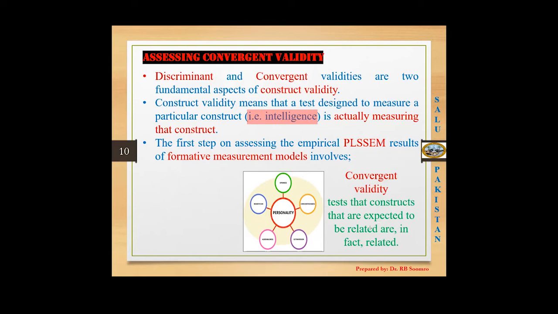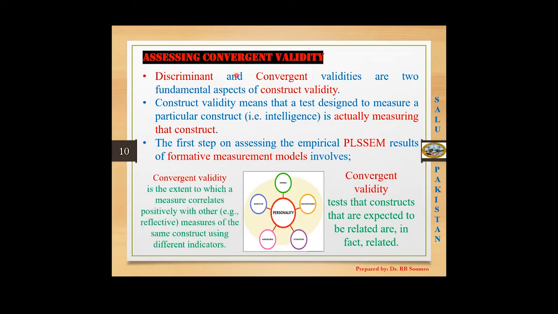Do you think, are you sure, these are related with each other or not? Another meaning is the extent to which the measure correlates positively with the measure of another construct. Another construct may be reflective, may be formative.